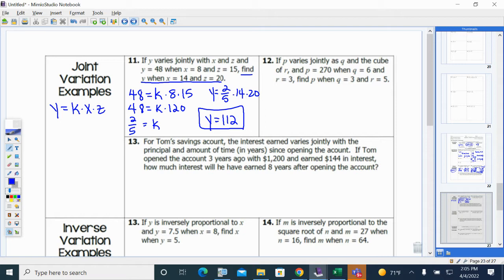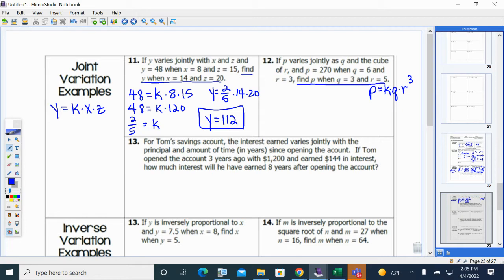If P varies jointly as Q and a cube of R. So the way this one's going to read, P equals k times Q times the cube of R. So R cubed. Now we can plug in the information that we know to find k and then use that to answer this last question.